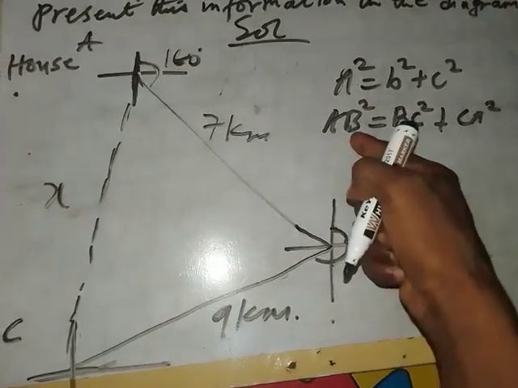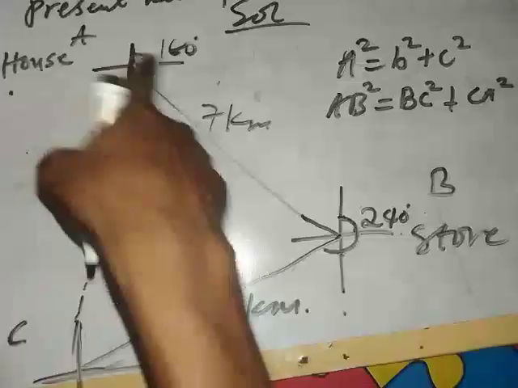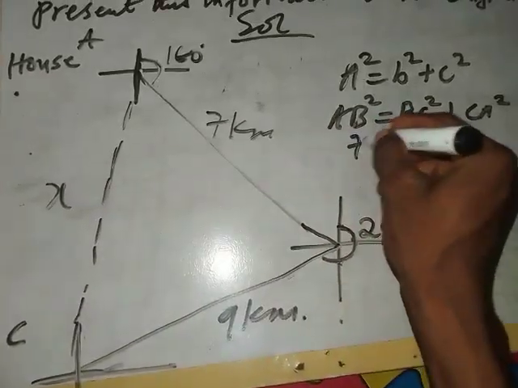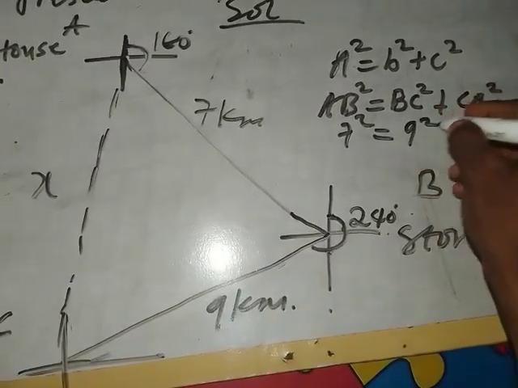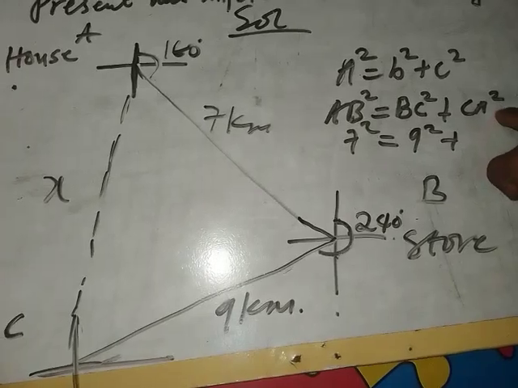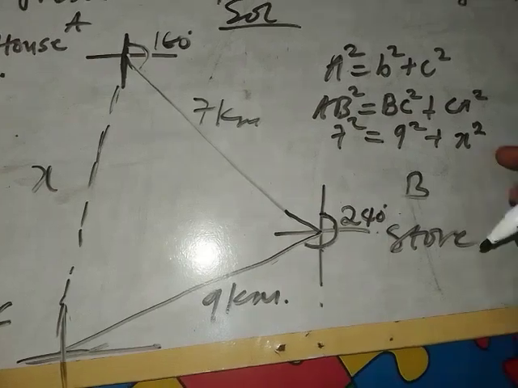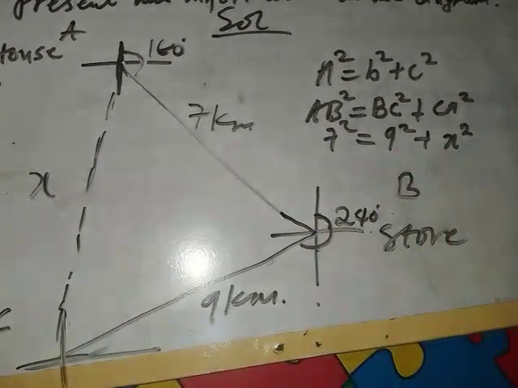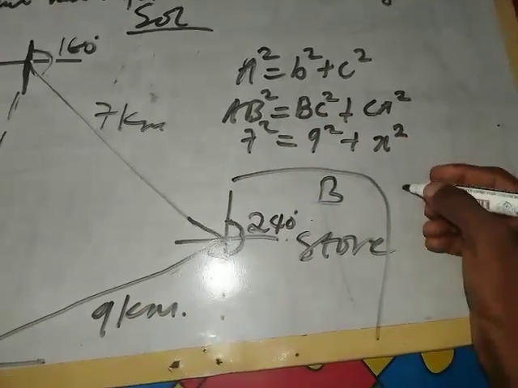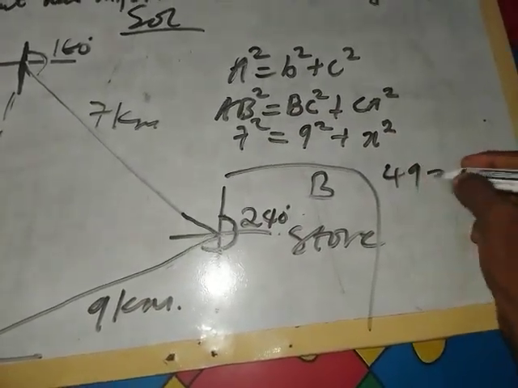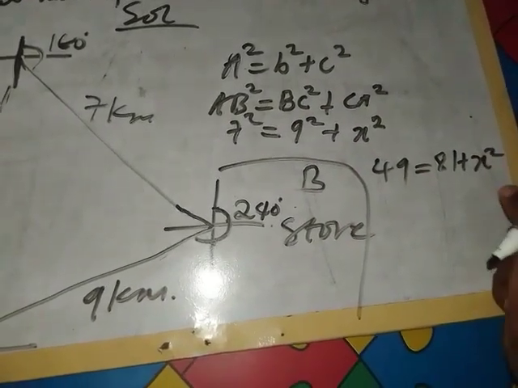So if your AB is 7 kilometers, you write here 7 squared is equal to your BC, which is 9, so you write here 9 squared plus CA, which is X, unknown, so you write X squared. So what you need to do is that 7 squared is 49, equal to 9 squared, which is 9 times 9, which is 81, plus X squared.